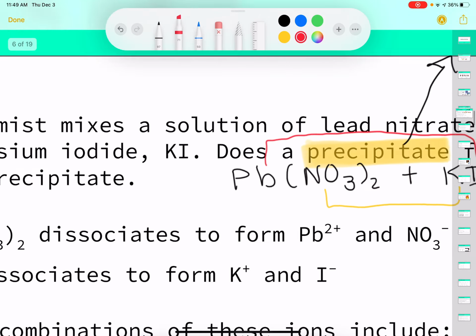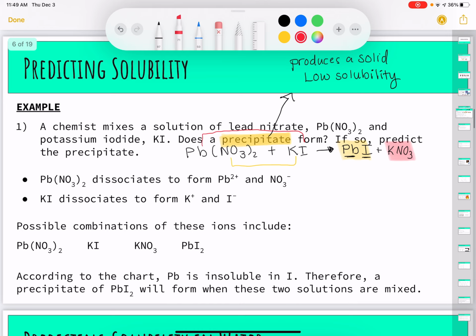So if I go back over here, underneath this, I'm just going to write LS. I hope you understand what that means. Low solubility. And then we need to do the same thing with KNO3. So NO3 is our anion.